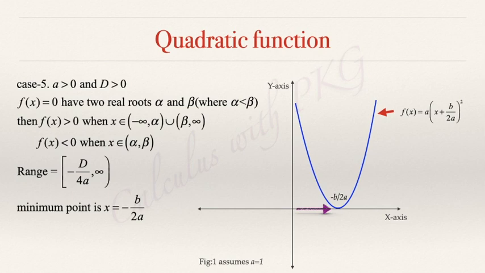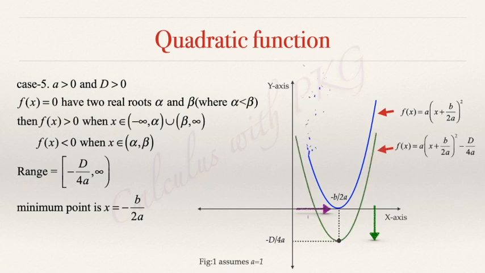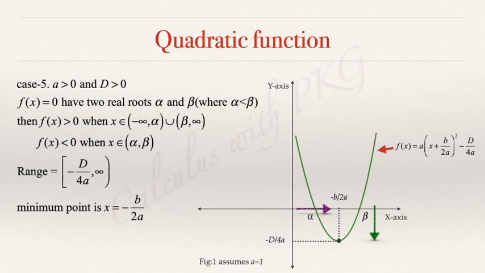And now since d is greater than 0, we will be shifting this parabola downside by d by 4a units. And here our new function is f of x equal to a within first bracket x plus b by 2a whole square minus d by 4a, which is the original function.